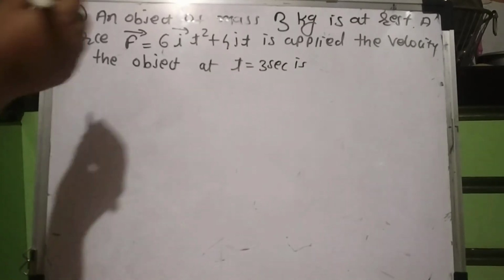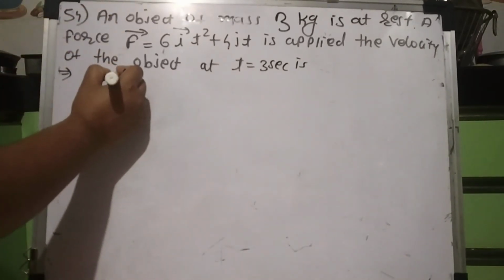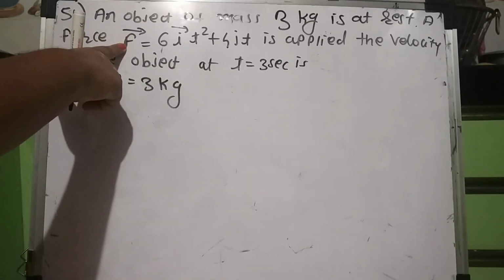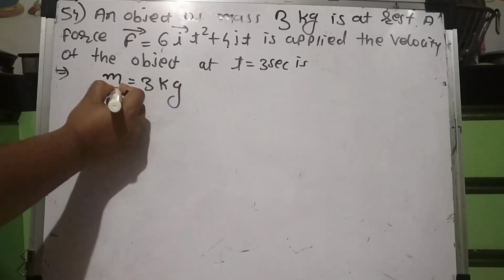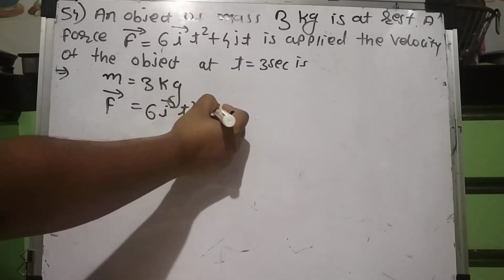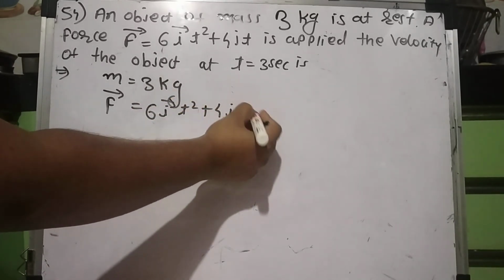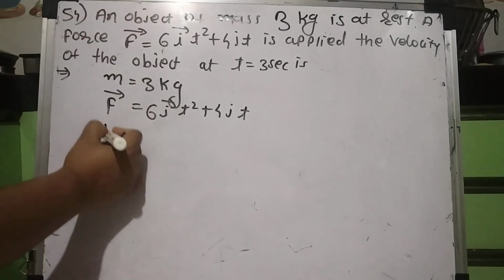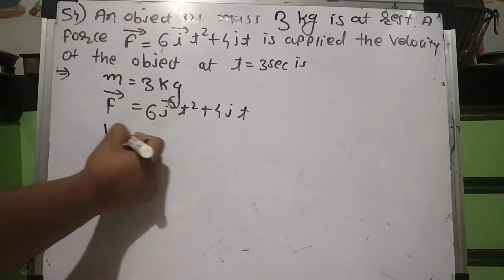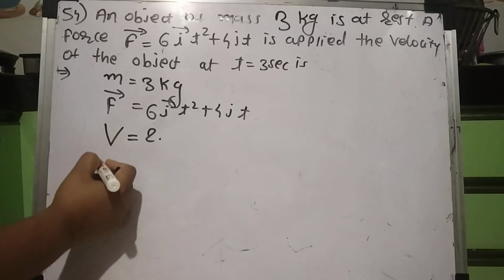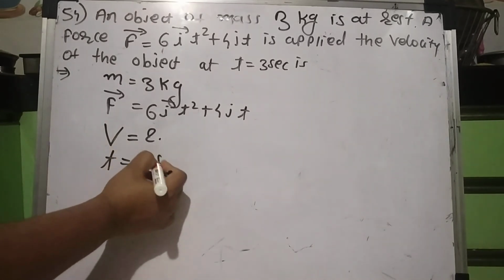Okay, that means what? Given mass is equal to 3 kg, and the vector F is given: vector F = 6i t square plus 4j t. We have to calculate the velocity of the object when t = 3 seconds.